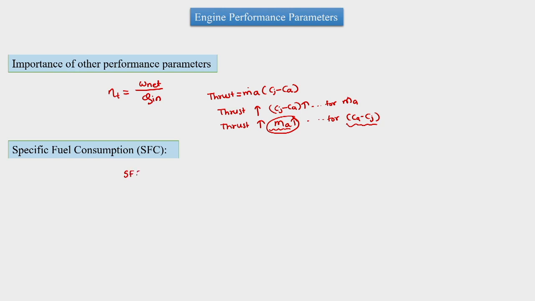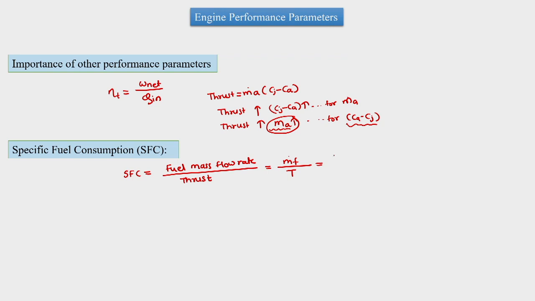So SFC is defined as the mass flow rate of the fuel, which is fuel mass flow rate, divided by thrust. So this is m dot f divided by T.